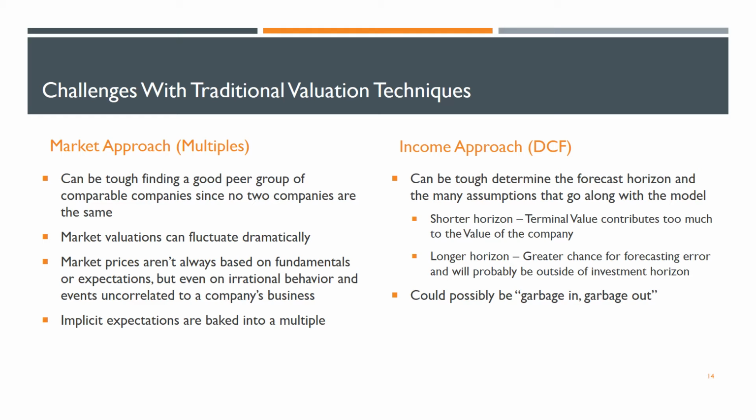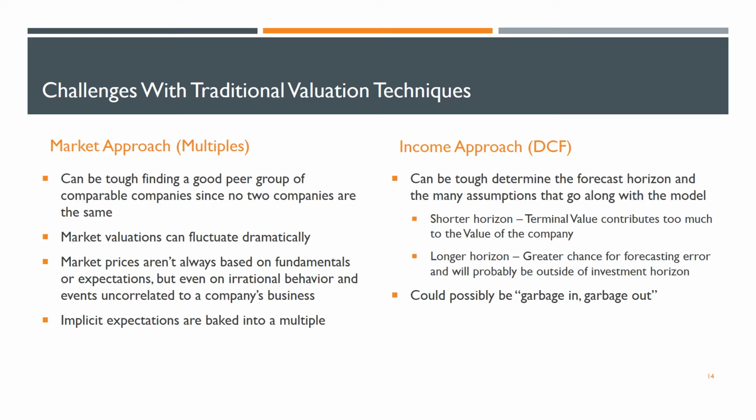You can either go the market approach, where you look at different multiples, or you can go an income approach, which is using a DCF, trying to find the present value of cash flows further down the line in the future. There are challenges with both of these valuation techniques that I believe the PVGO process can help fix. Well, not necessarily fix, but lessen the burden.